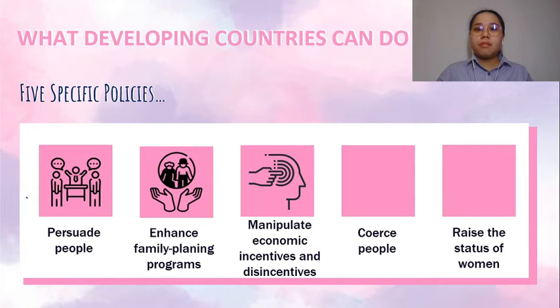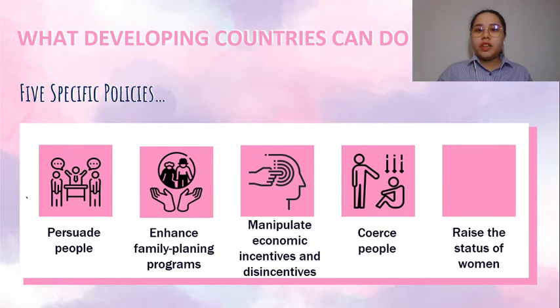Third is to manipulate economic incentives and disincentives for having children. For example, eliminate or reduce maternity leave and benefits, impose financial penalties for having children beyond a certain number, raise school fees, and eliminate subsidies for higher education.